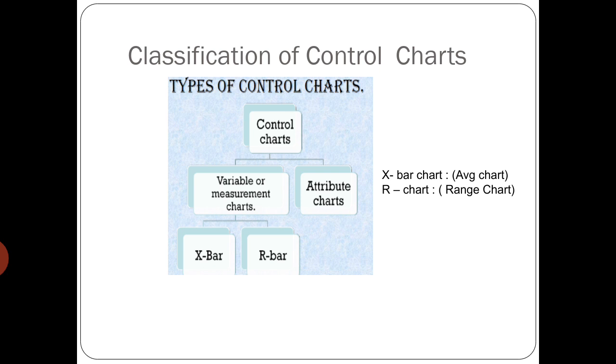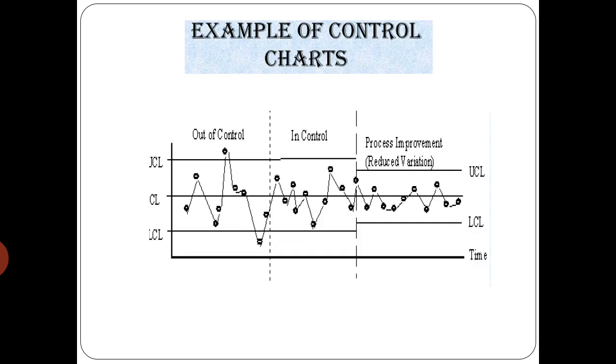So first, control charts for variables. A sample control chart is given here. It is not particular to a variable or an attribute. It is a sample of how a control chart looks. You see the three lines: LCL, CL and UCL.